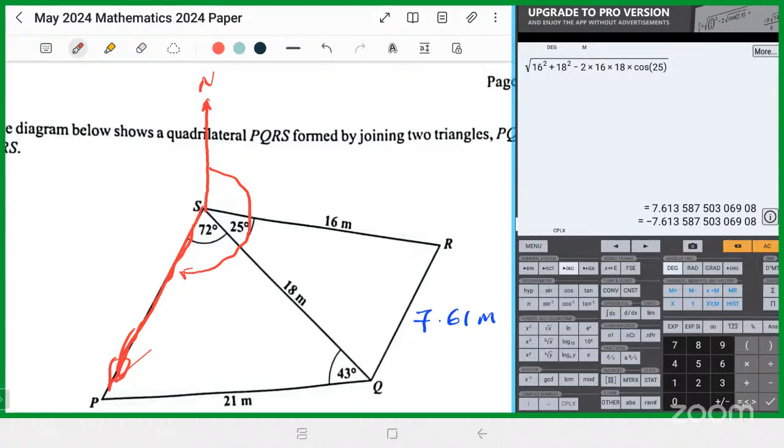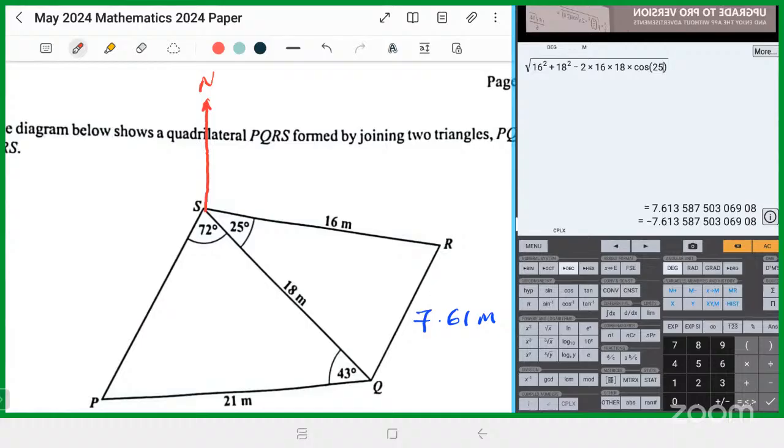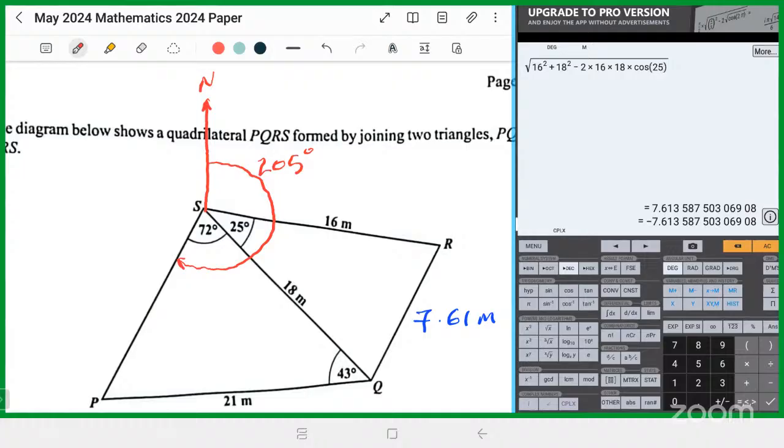Alright, so let's put it in like this. Let's put it on the diagram. Let me take this out. I'm going to leave the north line in there. And this whole angle around it I'm putting in red is 205 degrees. Now, after you put in that angle of 205 degrees bearing, you want to populate the rest of the diagram with angles that you can know.